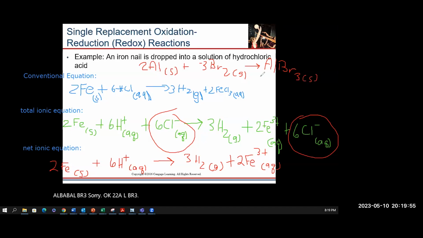Okay. So this forms an ionic compound, right? There's a 2 in front of AlBr3.